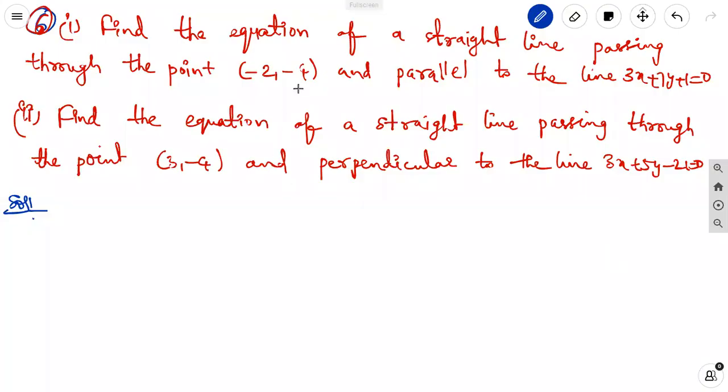Next problem, find the equation of the straight line passing through the point and parallel to the line 3x plus 7y plus 1 equal to 0. Again, we can recall the formula.